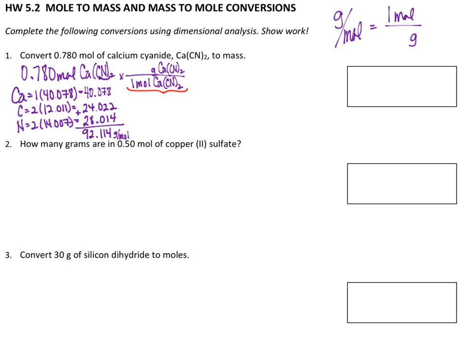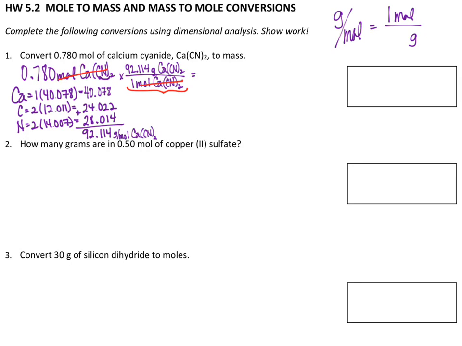And I'm talking about calcium cyanide. I make sure that my mass stays with my mass, so that's going to go in the numerator. Next I'm going to use a different color so you can see what I'm going to be canceling out. Because I have moles in my numerator, it cancels out my moles in my denominator. I'm happy with grams because that's the unit I wanted to end up with. So I can put my equal sign now.